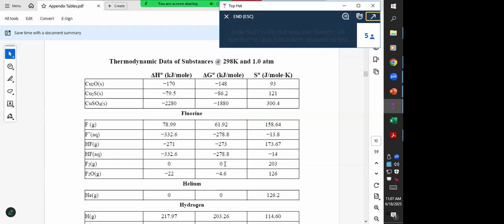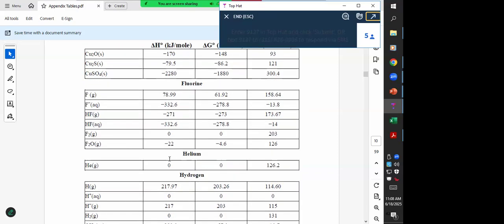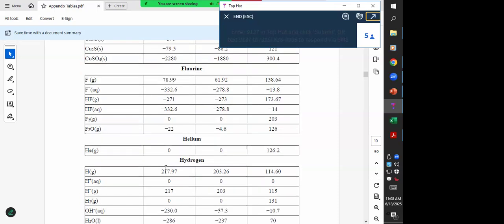And what we'll notice is that, again, these are formation values. Since elements require no energy to be created from themselves, the free energy of formation for an element is 0 so long as it's in its normal phase. If I have an element that's not in its normal phase, then it would have a non-zero value.